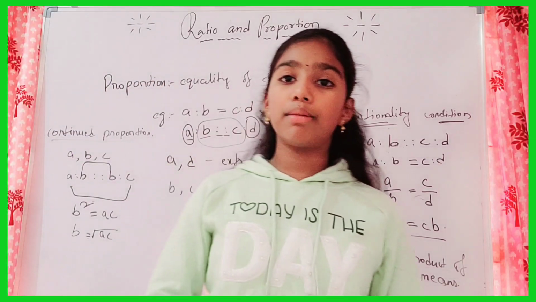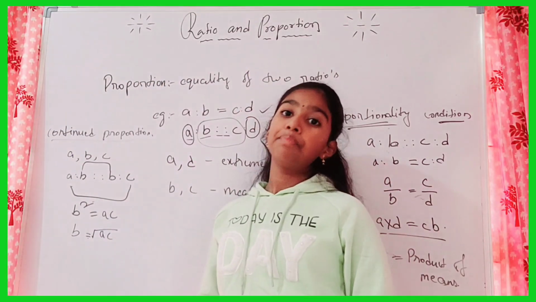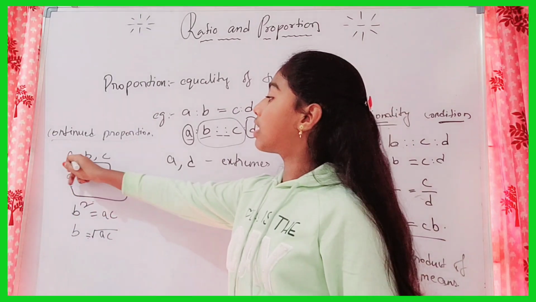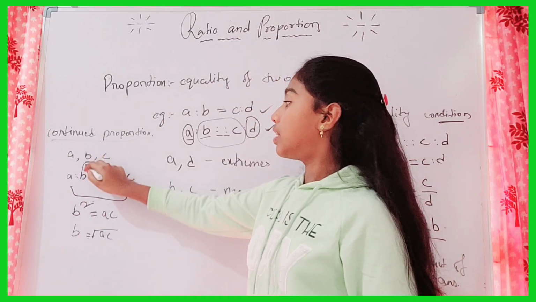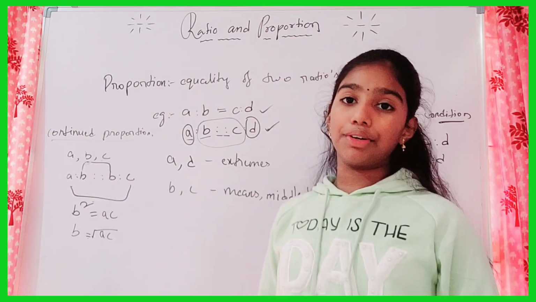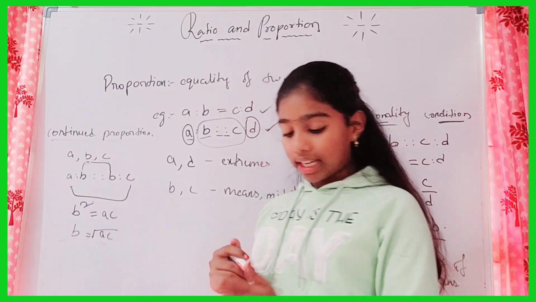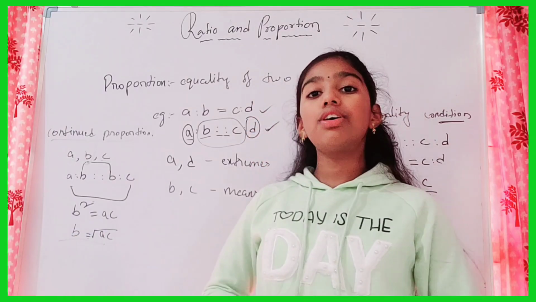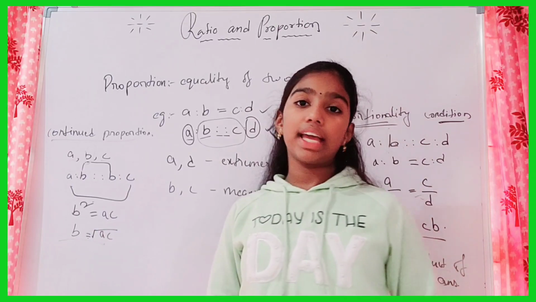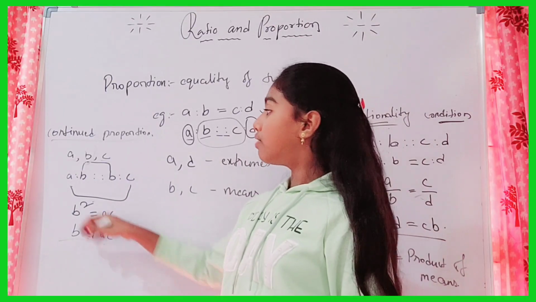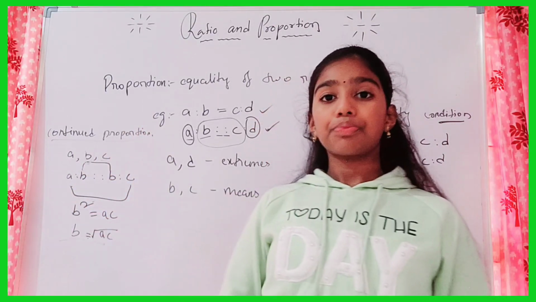If the values A and C are given, then we want the B value. Then this is the formula: B is equal to square root of AC. So this is how we find the third term.